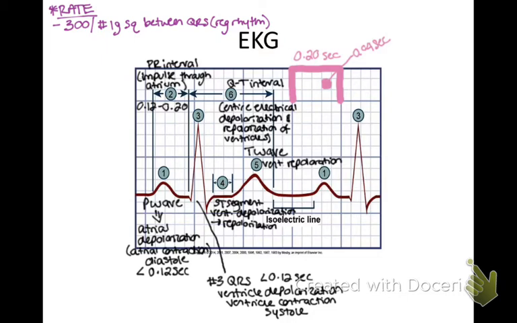And then you would do 3.5 times 6 to get your rate. This one is not representative of 6 seconds. I'm going to show you one in just a second. So, I'm sorry, I was combining the 2. Take that back. So you do the 1, 2, 3.5. You do 300 divided by the number of large squares. And that is your rate.